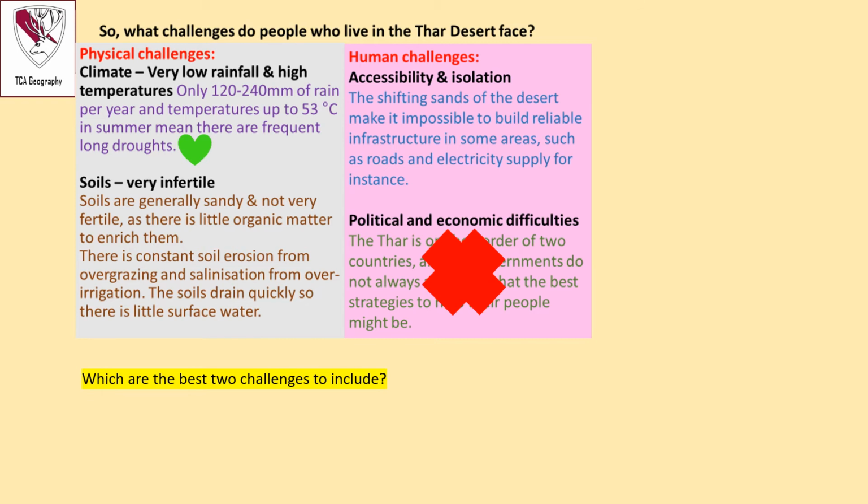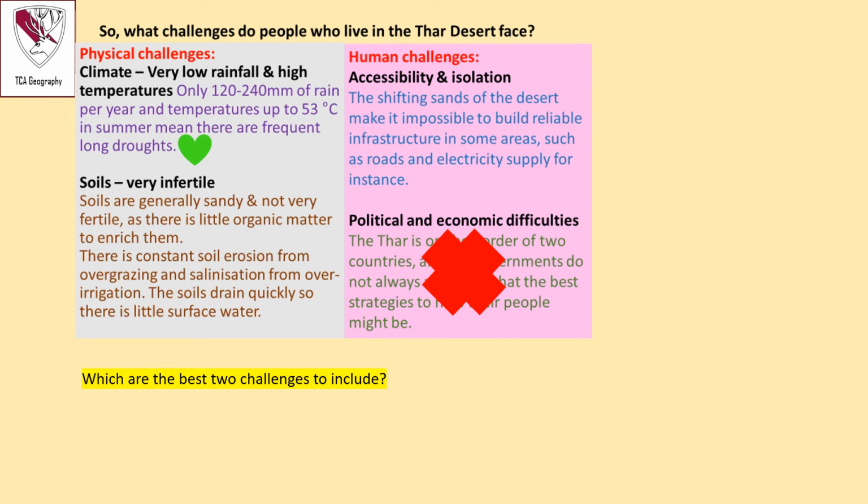Definitely though, for climate we have a lot of detail because we know how much rainfall there is and we know about the high temperatures, so you can give a lot of detail about climate. You definitely want to use that. The next one that I would use, I would probably mention both the soils and the accessibility, because when talking about soils, it makes me think about farming, and when thinking about opportunities in the Thar Desert, one of the big opportunities is actually farming.